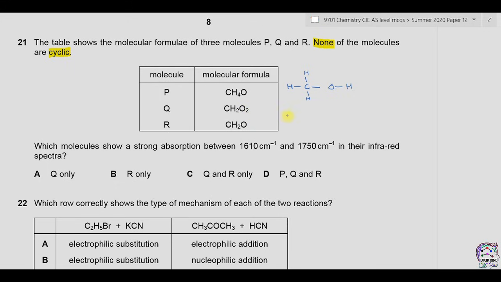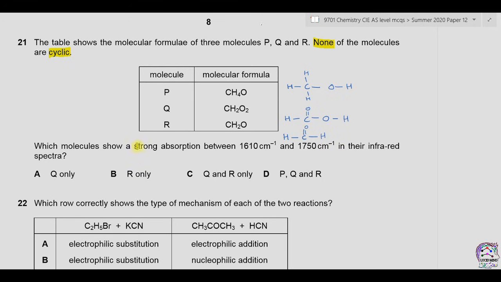For Q, we can draw this, so Q is a carboxylic acid. And for R, so R is an aldehyde.